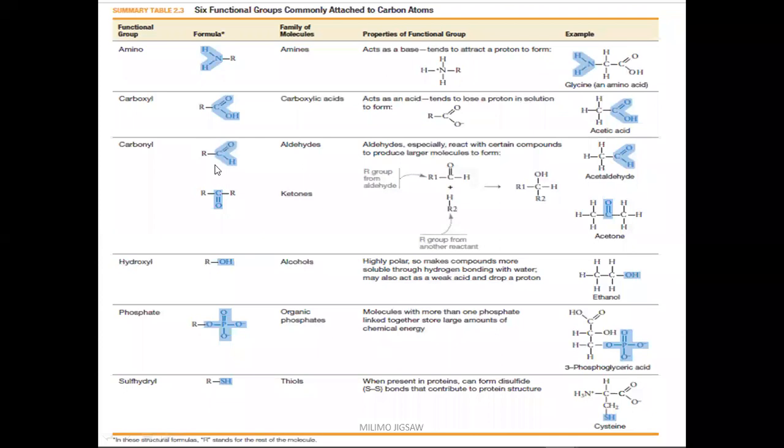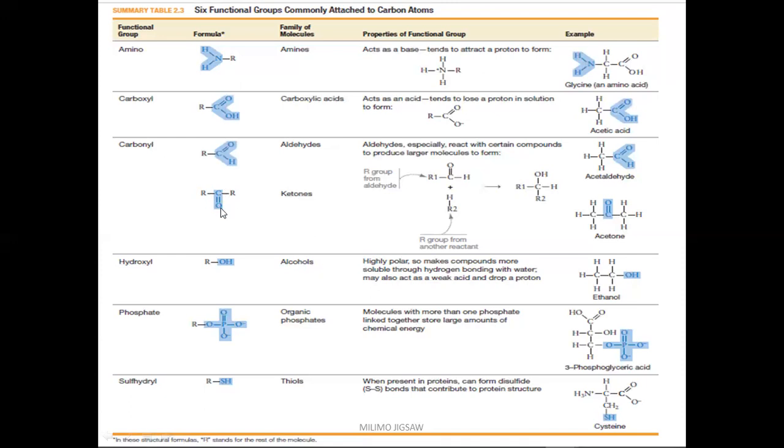When we look at an aldehyde, it has a carbonyl group positioned at the end of the carbon chain. While a ketone has an internal carbonyl group, found between one carbon skeleton and another carbon skeleton.